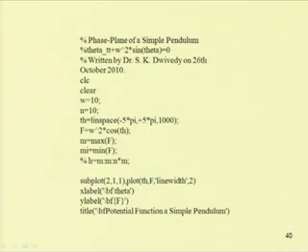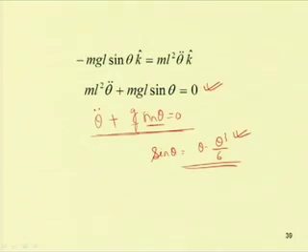One can write a simple MATLAB program to find the potential function. In this case, f theta equals g by L sin theta.